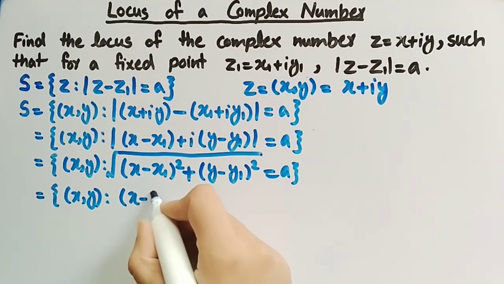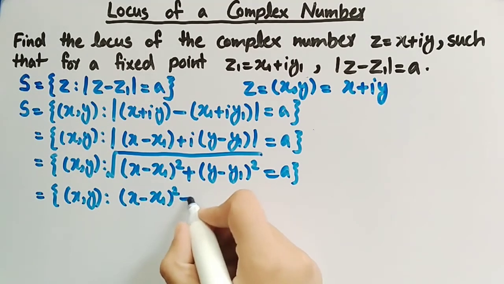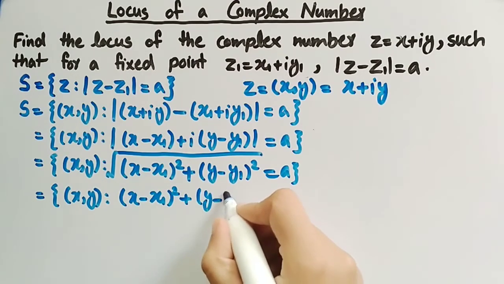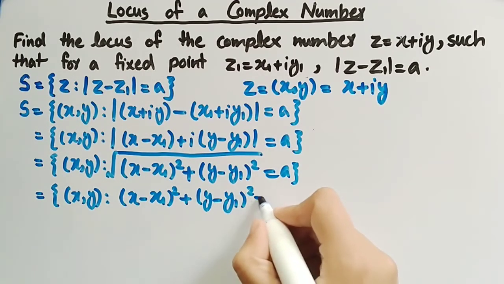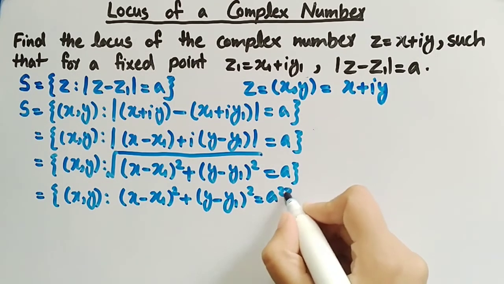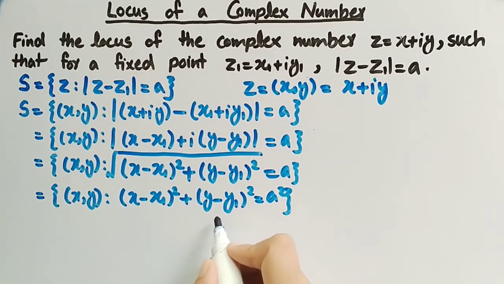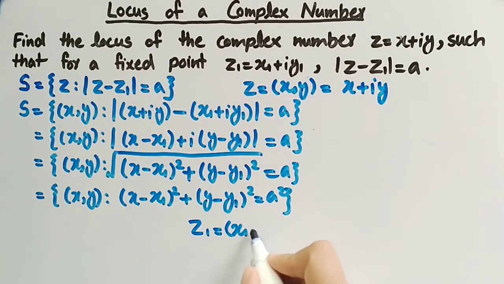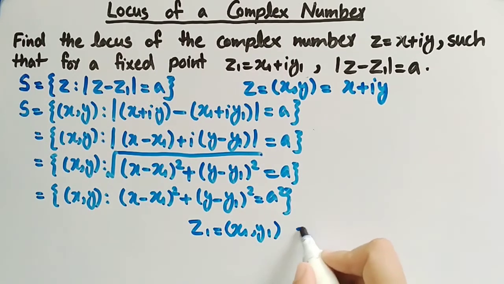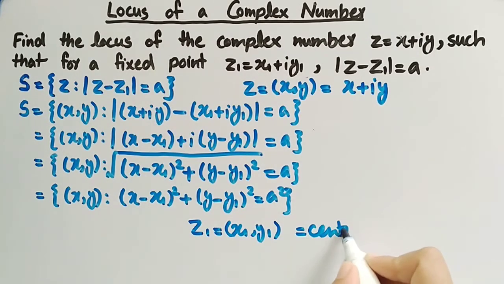Now if we take the square of this expression, we get (x minus x1) squared plus (y minus y1) squared is equal to a squared, which is a circle whose center is at z1 = (x1, y1). This is the center of the circle having radius a.